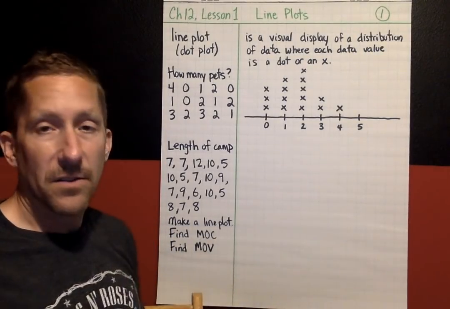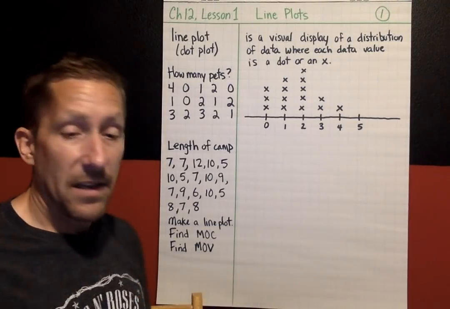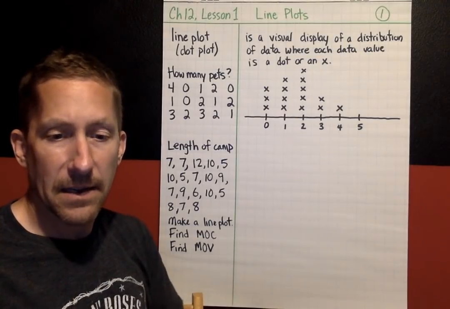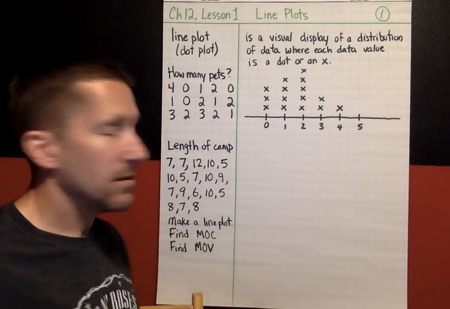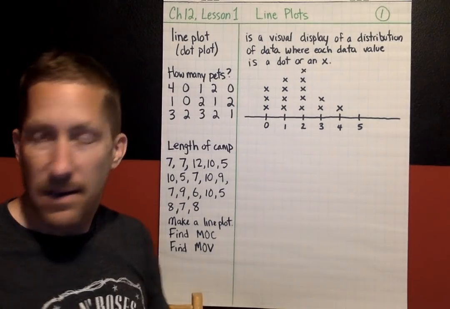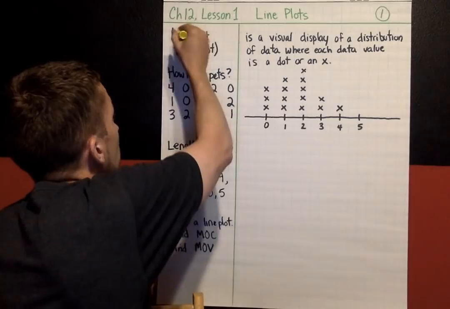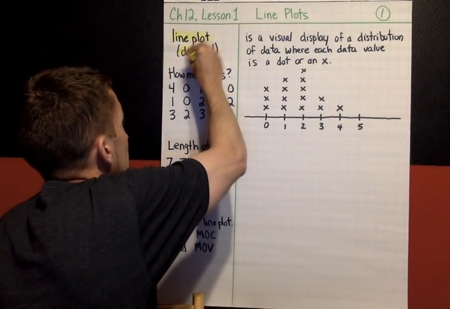The measures of center, again, remember, are the mean, median, and mode. Measures of variability are the range, the quartiles, the interquartile range, and also outliers. So we're going to get all of this stuff from our dot plot. And I want to go back and highlight one thing that we started with. So line plot, this lesson is all about line plots or dot plots.